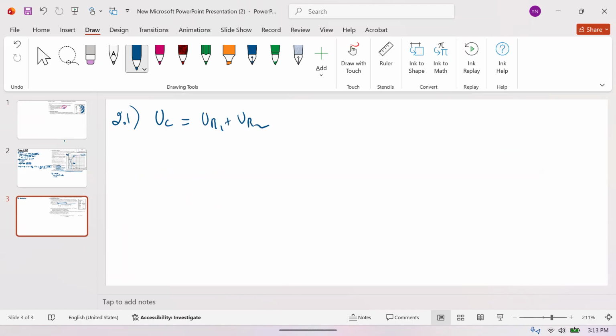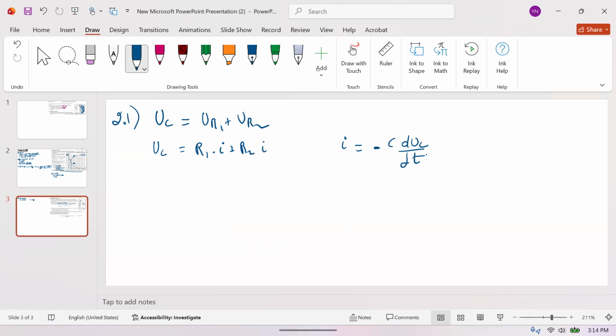The capacitor is giving out to the resistors. Now R1, UR1 is R1 times i using Ohm's law, and the same for the second one. But what do I know about i in the phase of discharge? It's minus C dUc over dt.